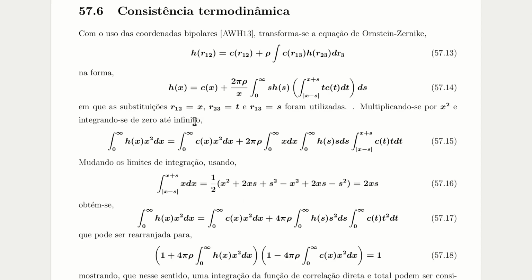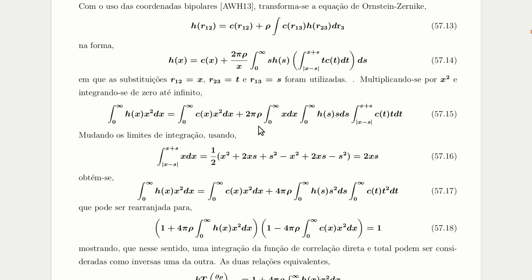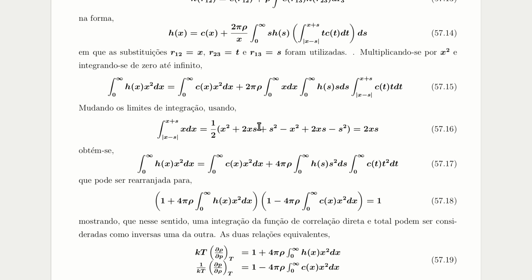I'd like to talk now about the thermodynamic consistency, which can be obtained if you integrate the Ornstein-Zernike using bipolar coordinates. Any book of mathematical physics has it. So you transform it to this expression, define these variables, and make the integration. Again, the algebra is very simple, and you arrive at equation 18, which is very important.